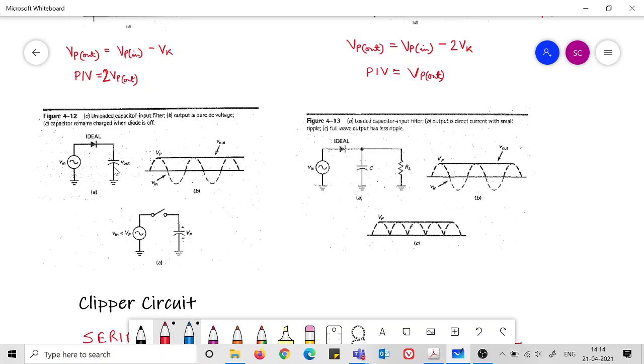So you could understand that if we use a capacitor in this place, then during the diode being forward bias, this capacitor would charge up to a value of Vp. So you see the value of Vp, capacitor is charging up, and when the input side voltage goes lower than Vp, this capacitor has no place to discharge, because the diode will act as a reverse bias condition in that case, and hence there will be no current in the circuit.